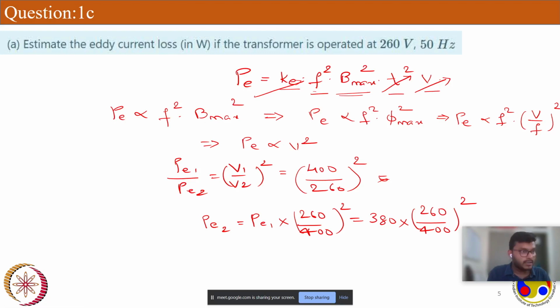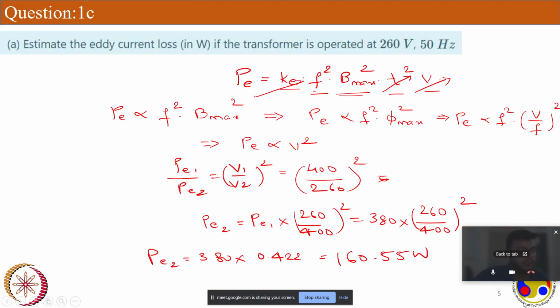I see some answers coming up. Let me also check. How much is this? 380 into that factor is 160.55 watts.